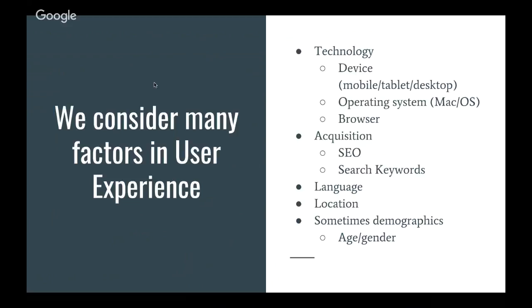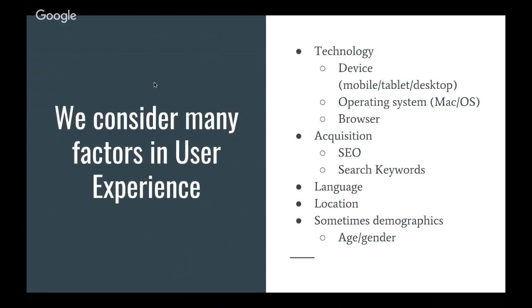We think about things in terms of acquisition. So you want to make sure that your SEO, your search engine optimization, is optimized so that the folks that are typing in search terms in google.com or yahoo.com or Bing or whatever it may be, can find your site well. We may also consider things like language, if you have multiple languages on your site, to know which ones you should prioritize to translate content.